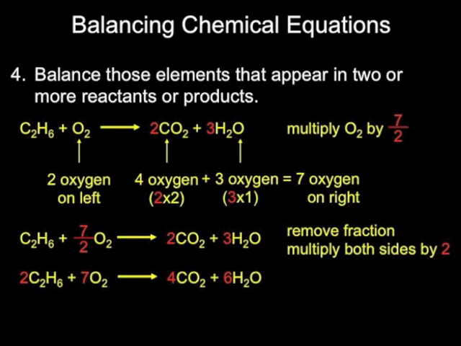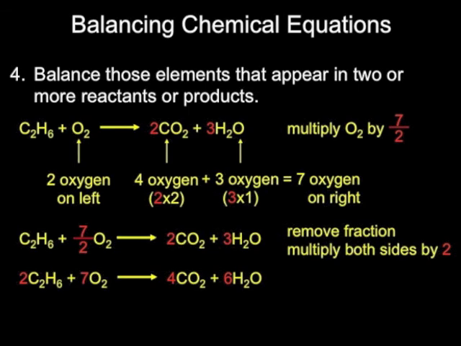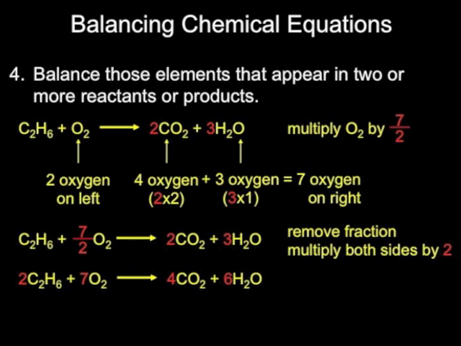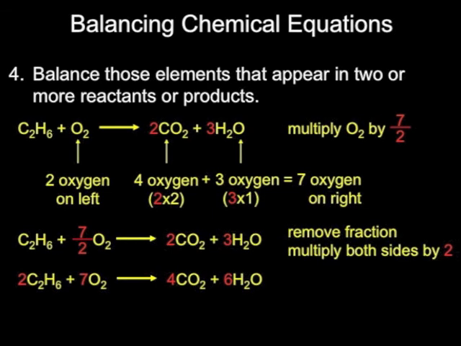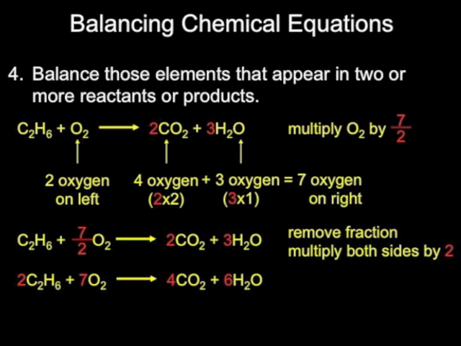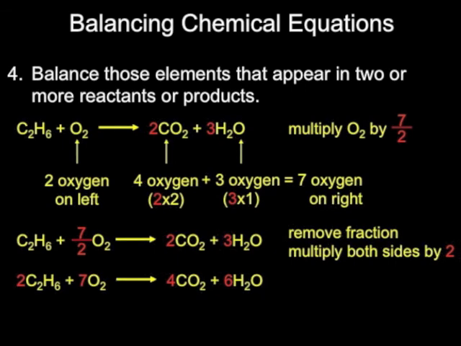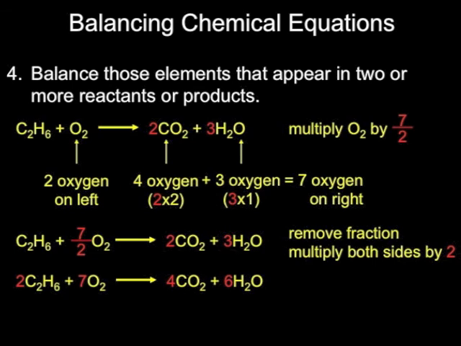So 4 plus 3 is 7. So we now have to balance that. On the other side, we have to have 7 halves of that. So we can say this balanced reaction is C2H6, 7 halves oxygen forms 2 CO2 plus 3 waters. If you don't like the fraction, we can simply multiply that fraction away by multiplying both sides by 2.